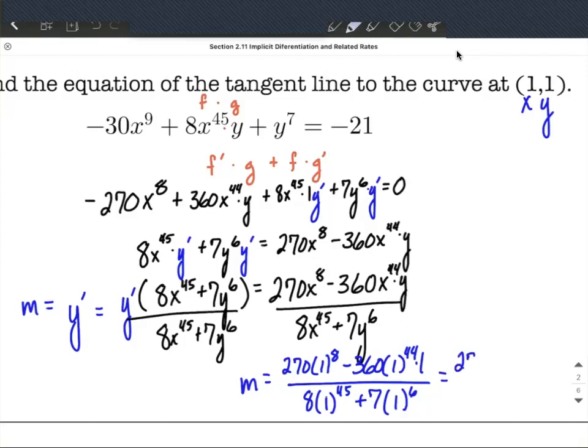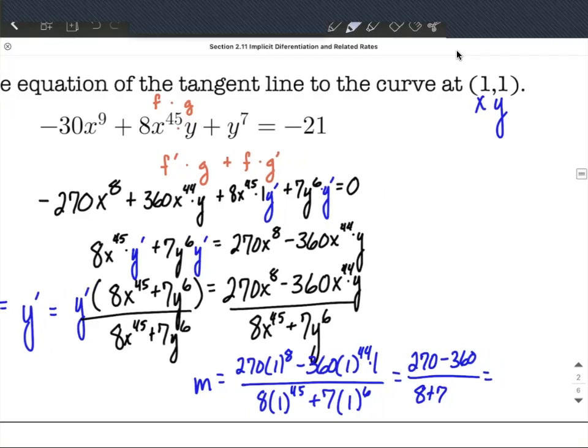So this works out to be 270 minus 360 over 8 plus 7. We can reduce a little further: 270 minus 360 is negative 90, 8 plus 7 is 15, which works out to be negative 6.